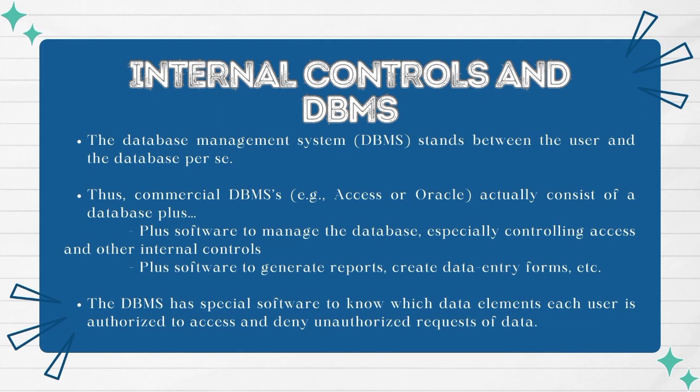So when you buy a commercial database management system, it should be a complete package, including the controls or the access per se, and also the software that will generate the reports.